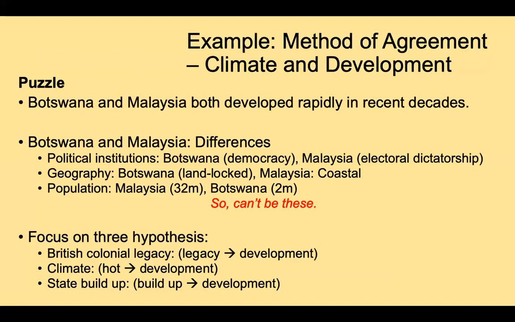This is despite the fact that relatively recently they were both considered quite poor countries. In fact, Botswana was the poorest country in Africa in the 1960s, and it's now one of the richest. Malaysia traditionally was a poor country as well, and today it's not an upper income country, but an upper middle income country.